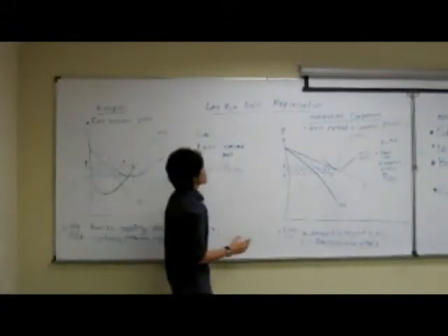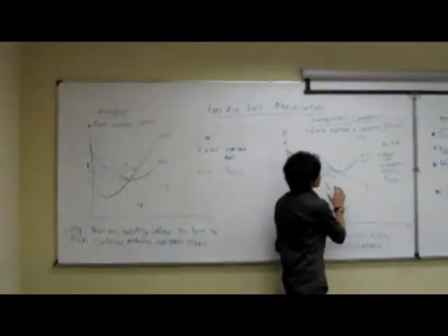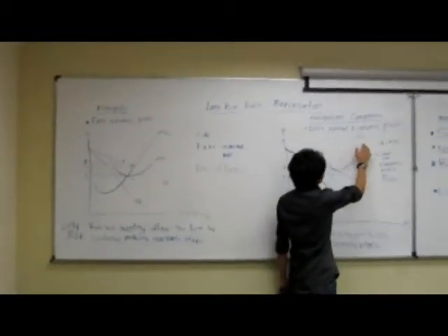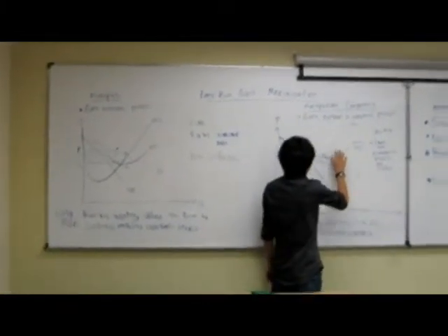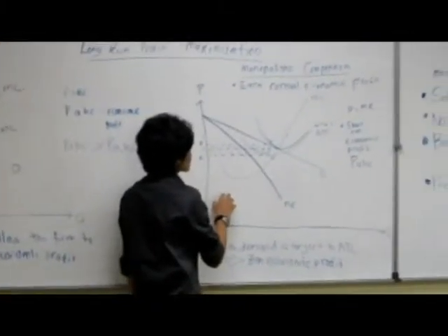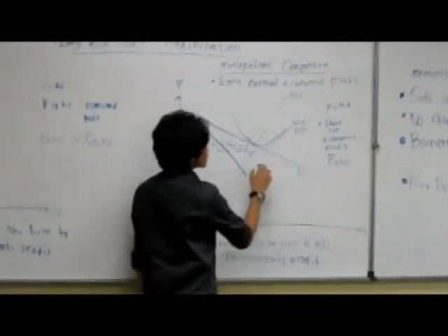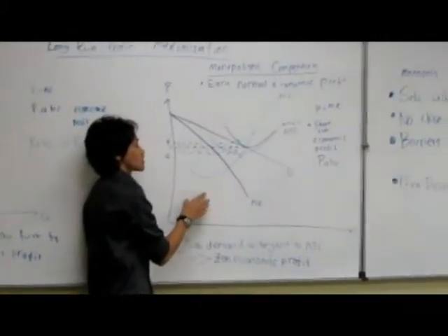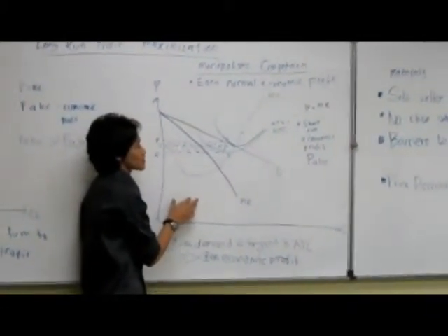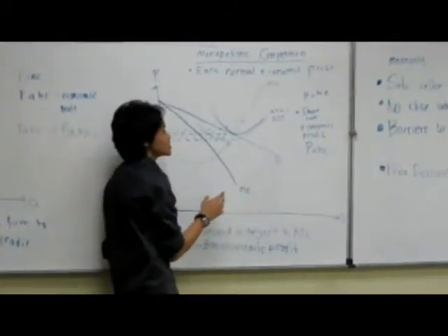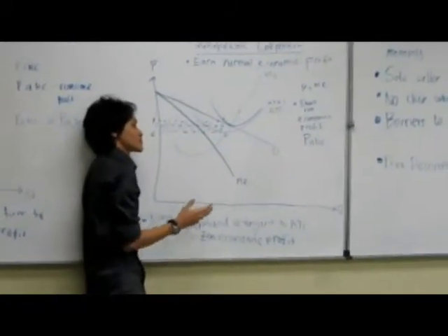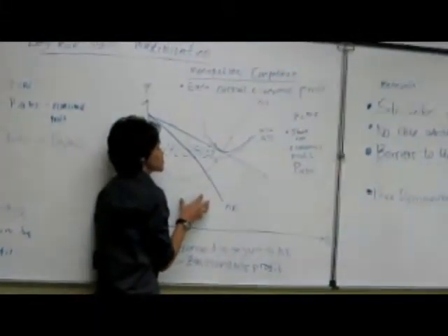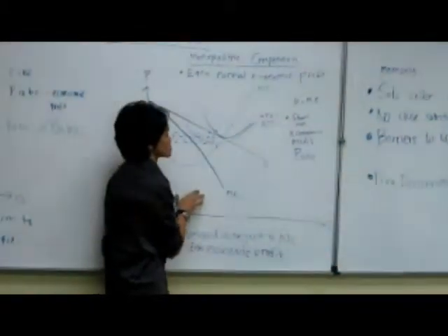For monopolistic competition, it is the other way around. During the long run, it earns normal economic profit or zero economic profit. This is because during the long run, the total cost for the firms to produce is increasing, because the firms need to, for example, advertise their product to explain the difference from other firms' products.